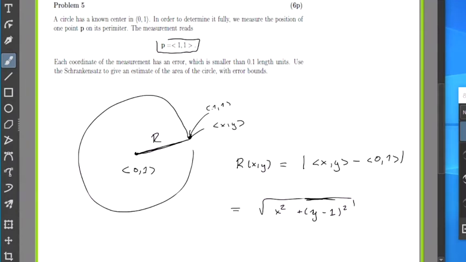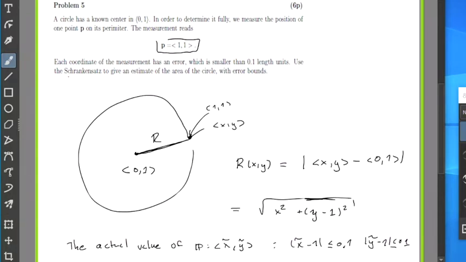However, both of these two coordinates are subject to errors, and these are not larger than 0.1 length units in each coordinate. So the actual value, let's call it x tilde y tilde, fulfills that the difference between x tilde and 1 is less than 0.1, and the difference between y tilde and 1 is less than 0.1.